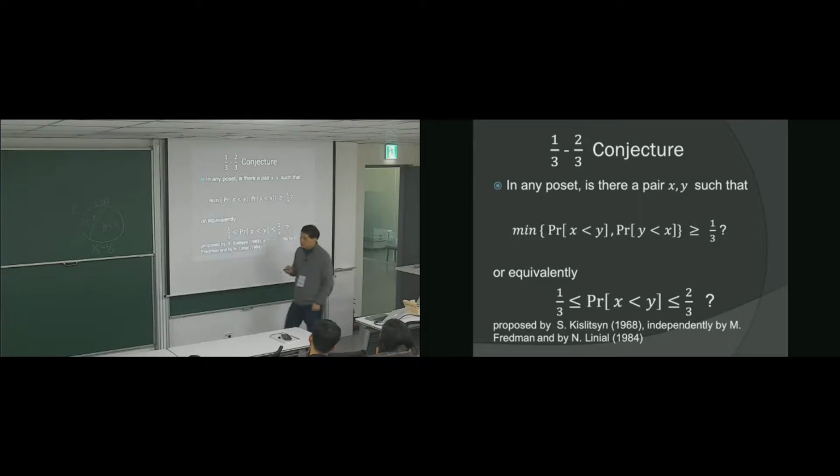That's the 1/3, 2/3 conjecture, meaning you can try to solve it, because nobody has proved it. So this is a conjecture to many people. It is still open, not solved.